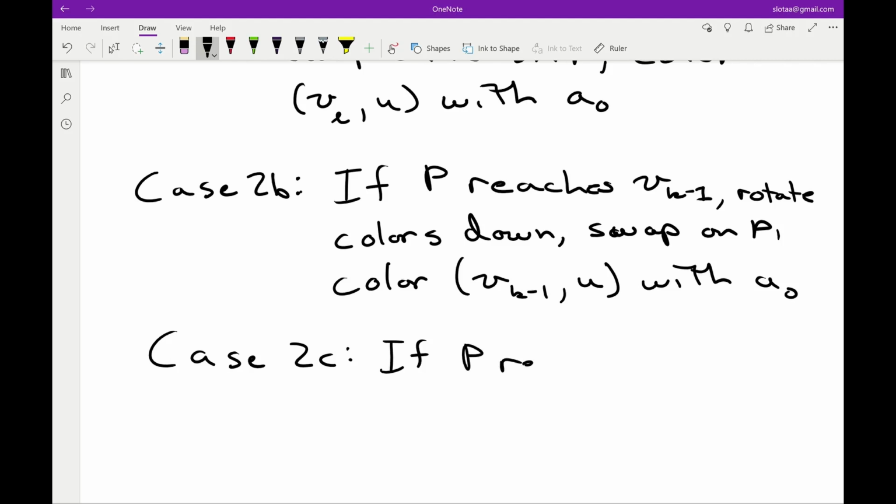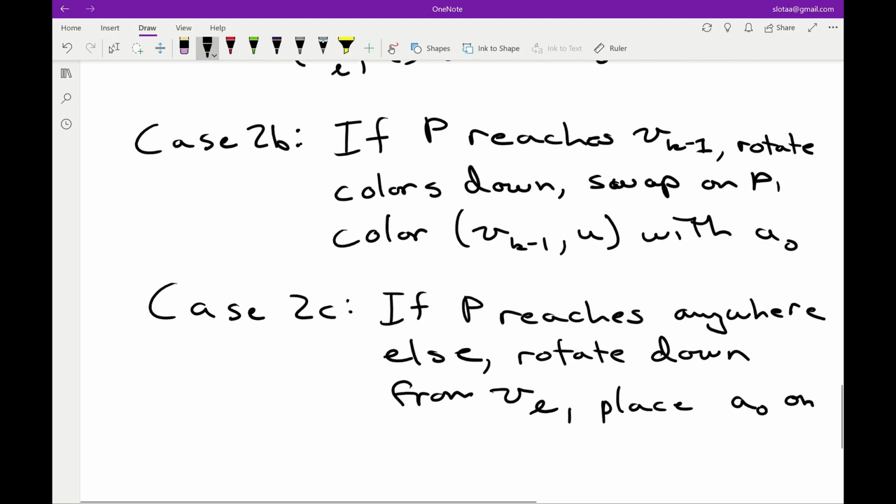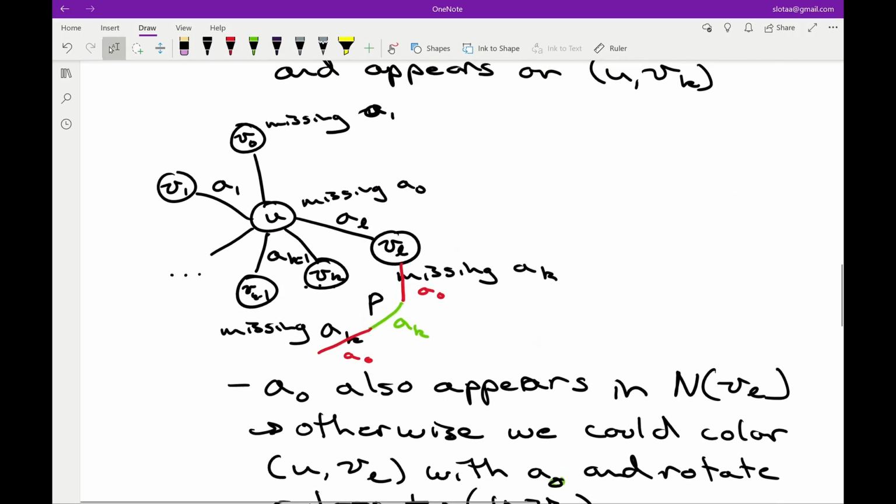If P reaches anywhere else, we essentially rotate down from our V sub L, place A naught on that edge U V L after swap on P. This case captures pretty much anywhere else the path could go.